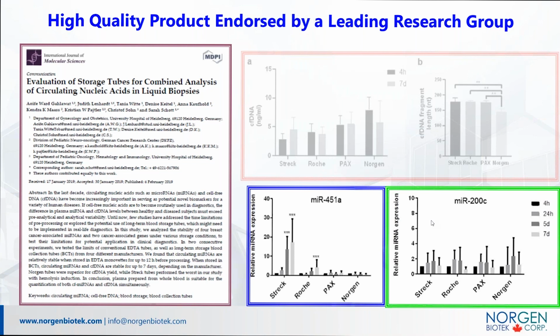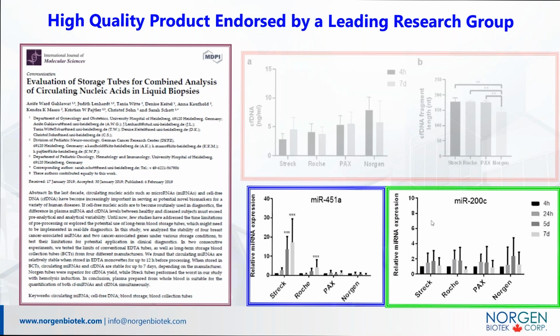In terms of yields for the cell-free RNA, they found that the total cell-free microRNA content remained stable in blood stored for up to 1 week in Norgen tubes. Streck and Roche tubes showed contamination after 24 hours, possibly due to changes in expression during storage.